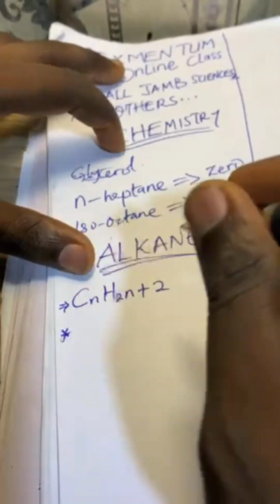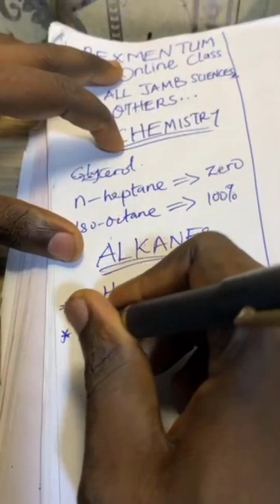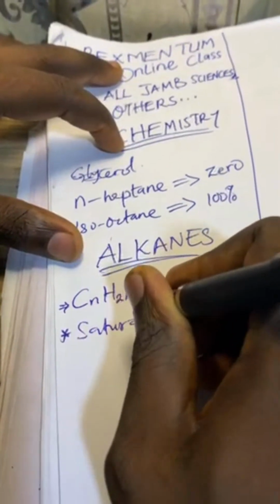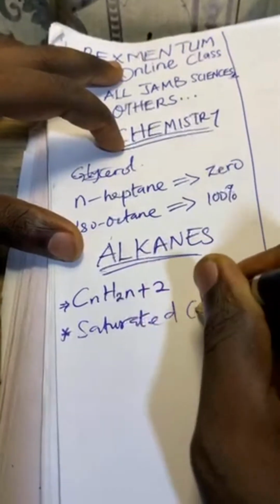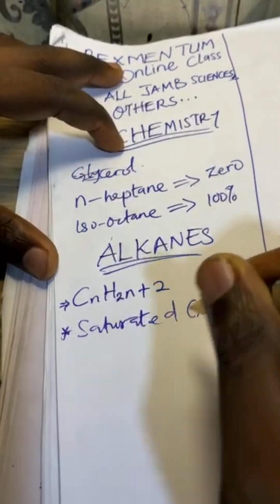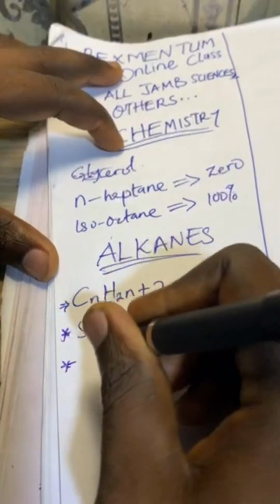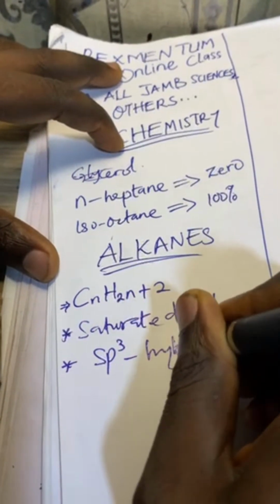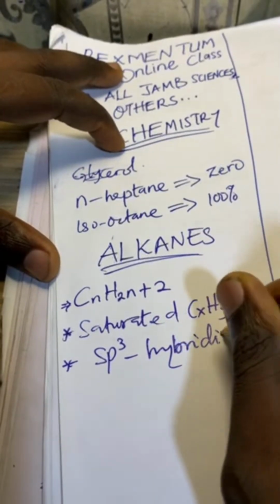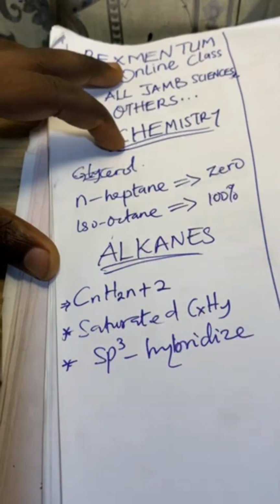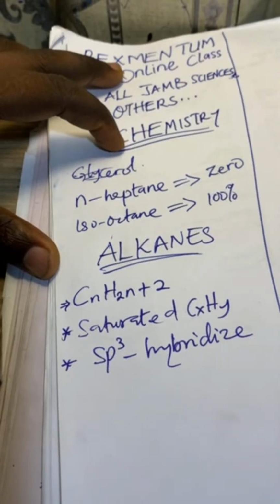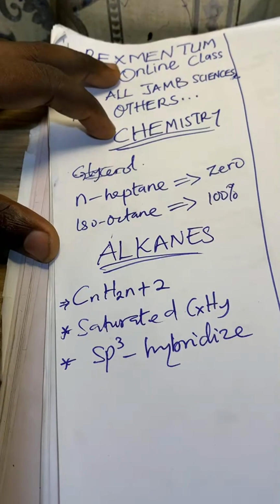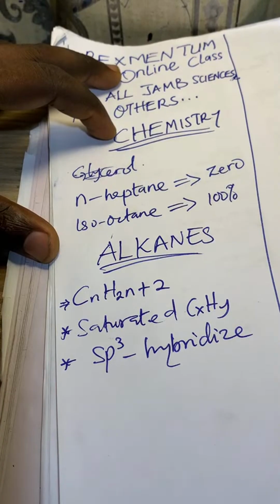Another one is that alkane is a saturated hydrocarbon. Yes, alkane is sp3 hybridized. That is the hybridization of alkane. Here you can calculate your percentage s character and also your percentage p character.